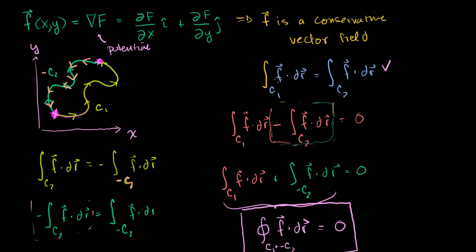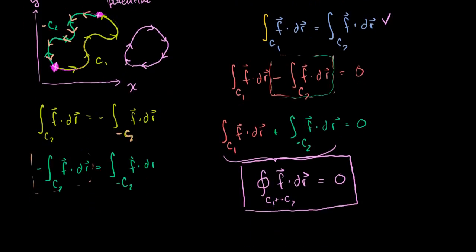And because of that, if we take any other closed line integral, or we take the line integral of the vector field on any closed loop, it will become 0 because it is path independent.